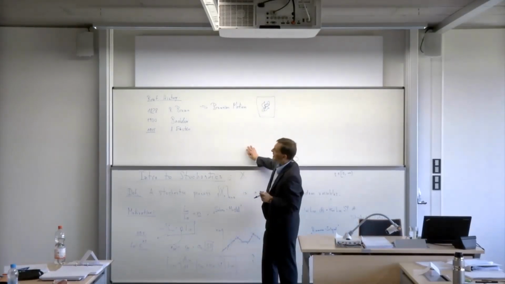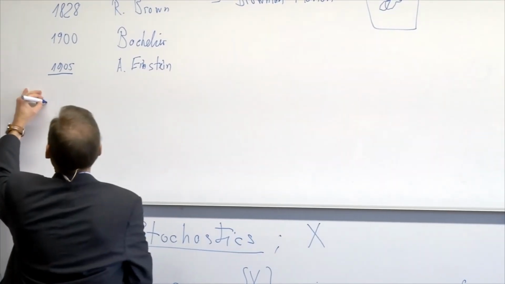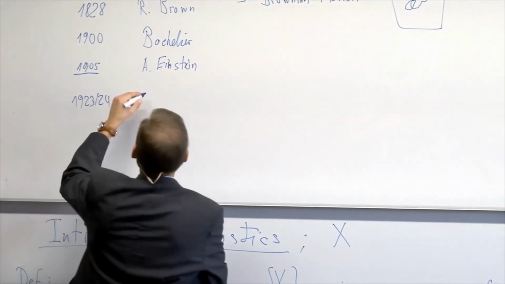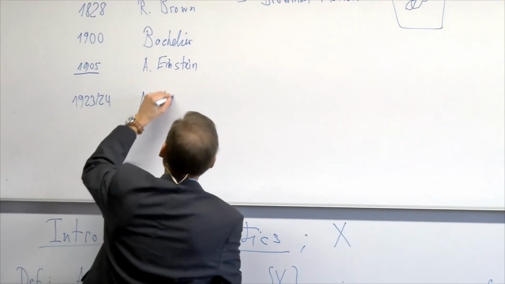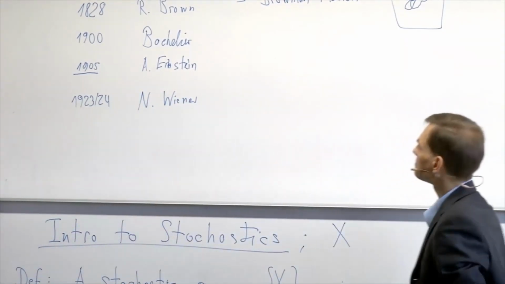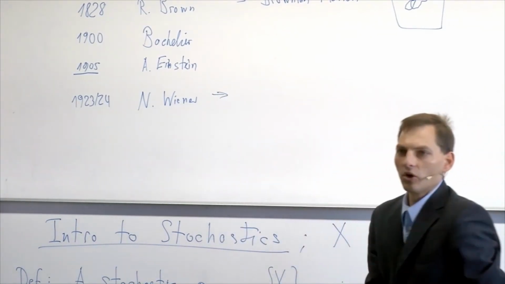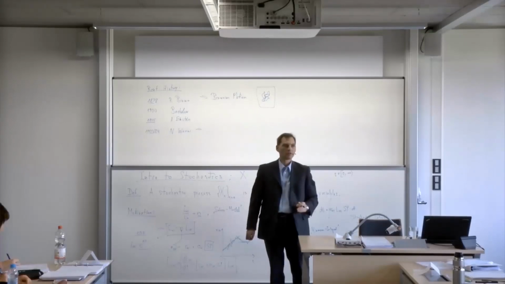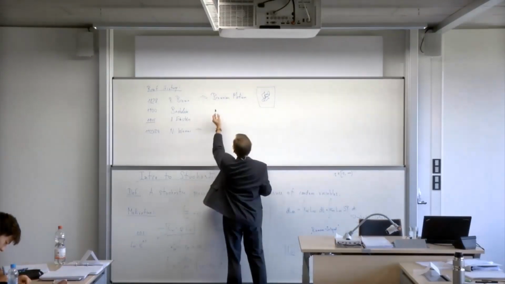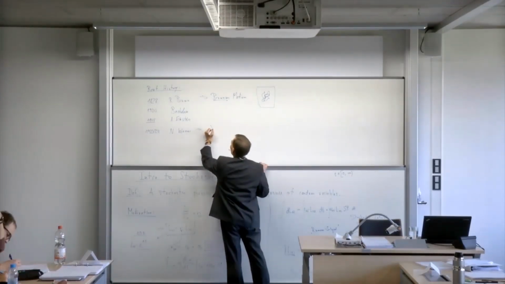The first mathematical definition and approach was in the 20s. So it was 1923-24 by Norbert Wiener, a US-American mathematician. And due to the fact that Wiener was the first guy who really set up the properties we will learn in a second, we sometimes refer to either a Brownian motion or a Wiener process.